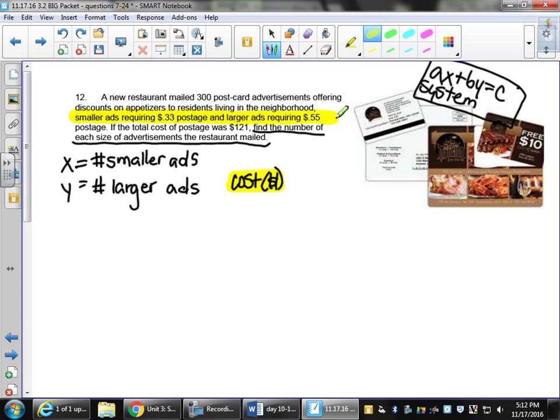Larger ads, 55 cents of postage. We need total money. There it is, total money. Pause, write your equation. I have 0.33x plus 0.55y equals 121.